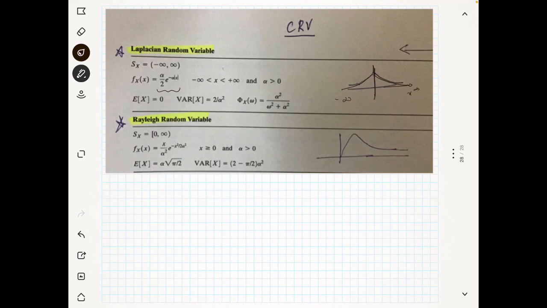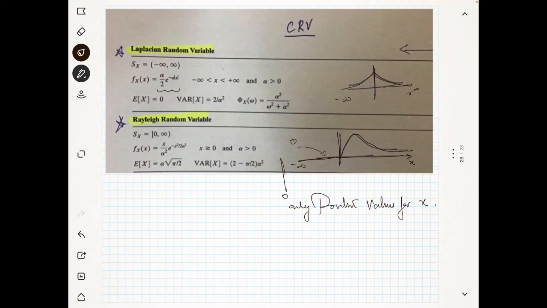Then another one is the Rayleigh random variable. The Rayleigh distribution has only positive values for x. All x have positive values. There is nothing negative here. This is minus infinity, but here there is nothing.